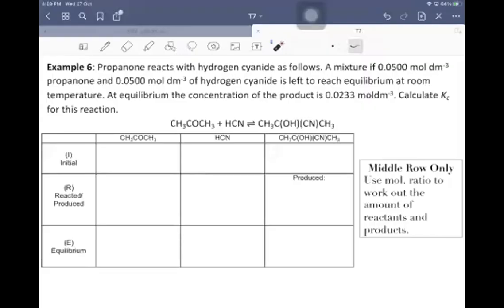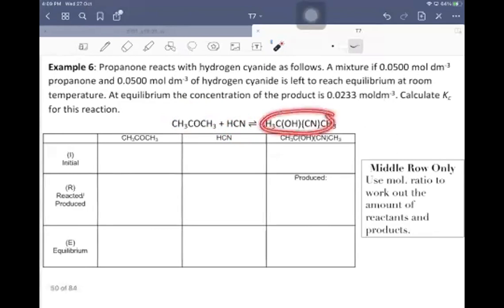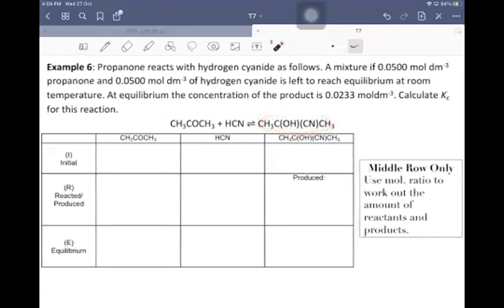Next question, example 6. Propanone reacts with hydrogen cyanide as follows. So we've got propanone reacting with hydrogen cyanide to form a hydroxynitrile. So this is a hydroxynitrile product. This is an equation or a reaction that you have visited in organic chemistry.